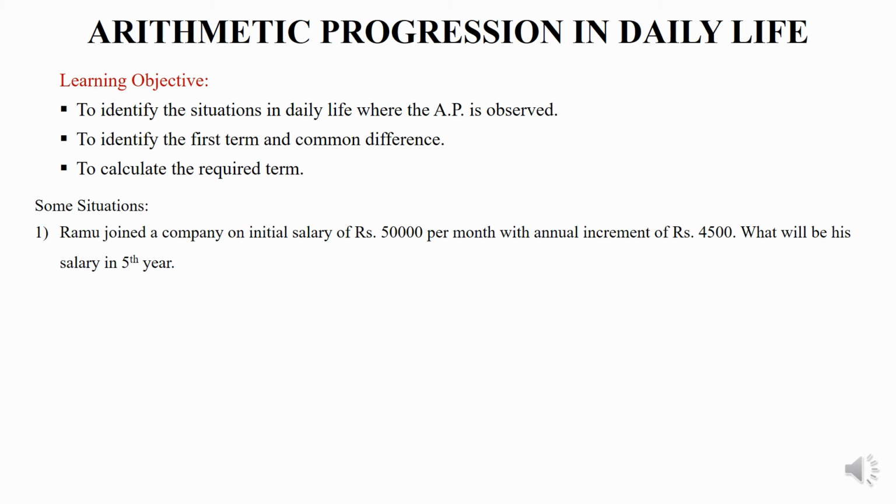Clearly it is seen that his salary starts with 50,000 per month, means the first term A1 is 50,000. His salary is going to be increased by 4,500 every year. It means by the end of the first year, in the second year his salary becomes 54,500 rupees.